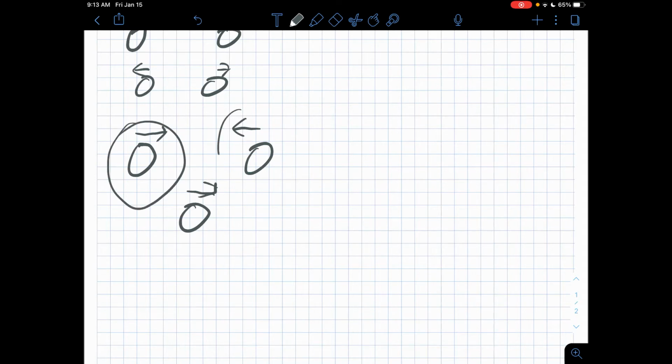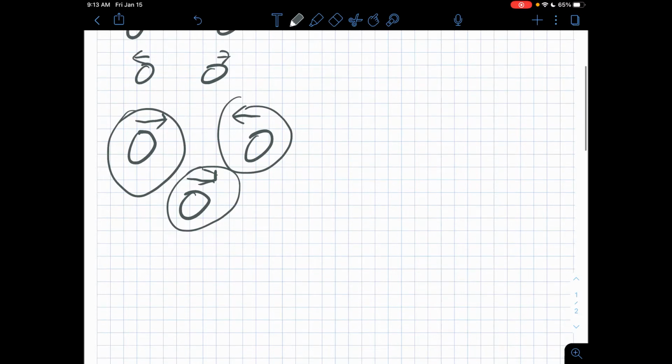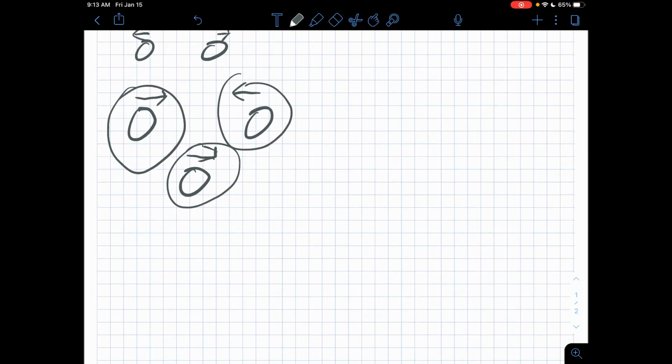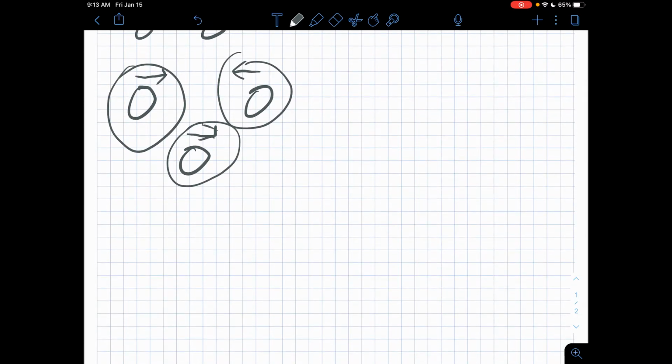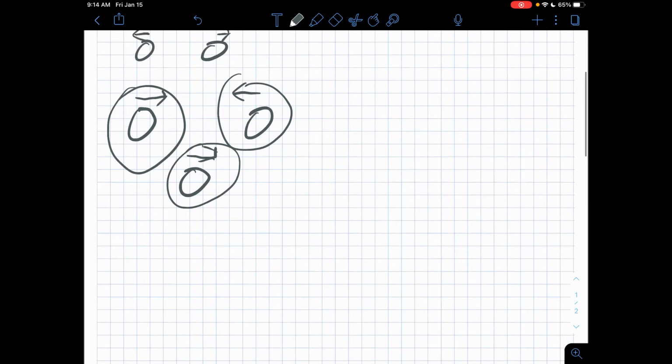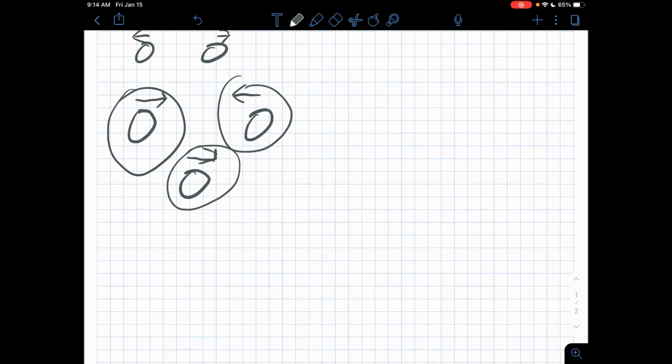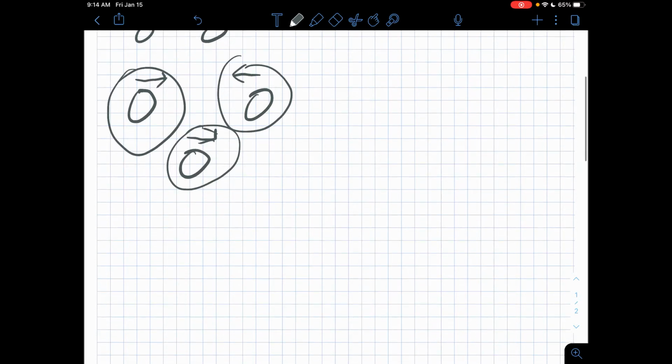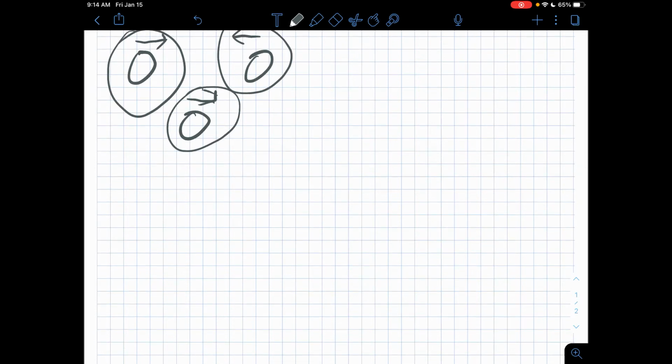The momentum of this object and this one is equal to the momentum of this one. Another quick thing to go over is that in an elastic collision, the total kinetic energy is conserved, and in an inelastic collision, some of the kinetic energy is not conserved. Some of it gets transferred into heat, sound, or other forms.